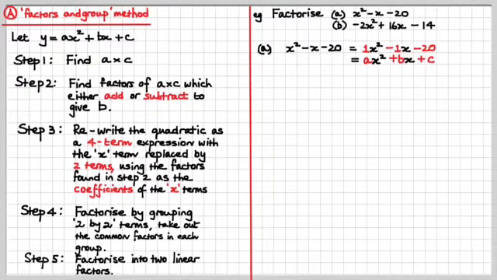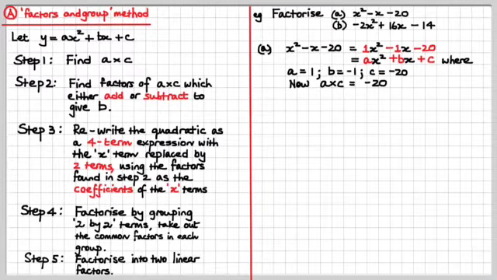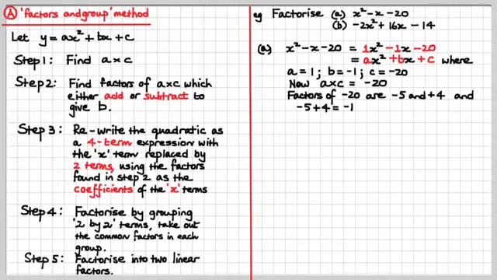Now the first thing we've got to do is find a times c. So a times c, can you see that, is minus 20. Now what we've got to do is, I'll show you. Factors of minus 20 are, well, 5 and 4. 5 times 4 is 20, isn't it? Now, you see from this middle term, the b term is minus 1.